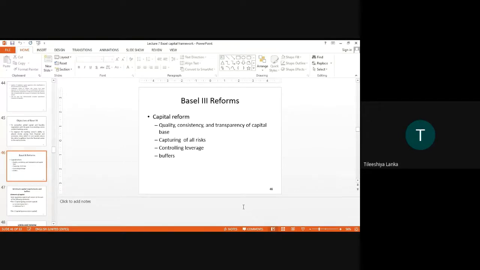Now, leverage is about debt to equity. When somebody comes to obtain a loan from your bank, basically you look at the leverage, how much the debt to equity ratio is. But banks' debt to equity ratios are very high, because banks are running on depositors' money with less capital. So a bank's leverage is significantly high. So Basel introduced a ratio for leverage as well. Also, Basel III came up with 2 capital buffers, which we'll discuss shortly: the capital conservation buffer and the counter-cyclical capital buffer. We will discuss them a little later.